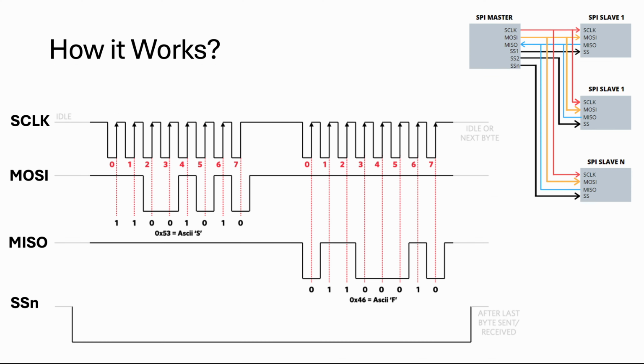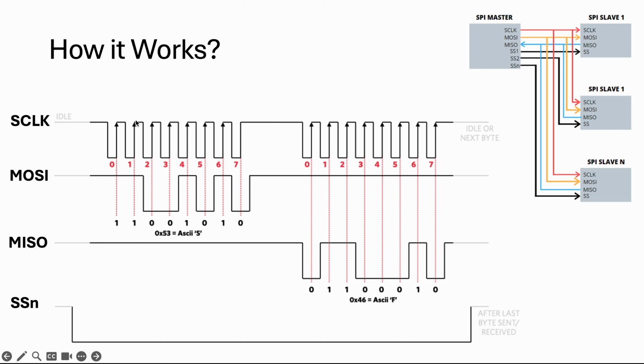Here's an example of a data transmission between the master and slave. As you can see, first the slave select line goes to 0. Let's say this master wants to communicate with this slave device. So first it sends a 0 here. The other lines remain at level 1, just as this one remains at 0. Then the clock starts to oscillate, going 0, 1, 0, 1, low, high, low, high.